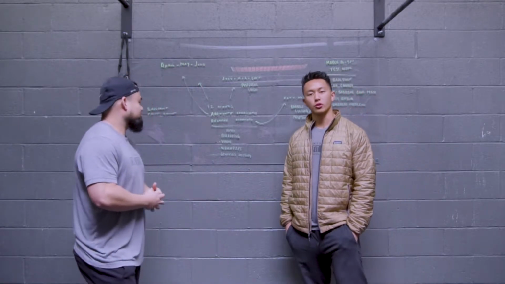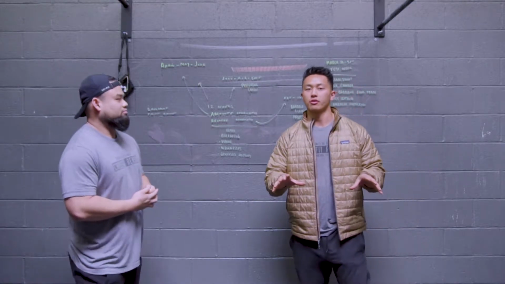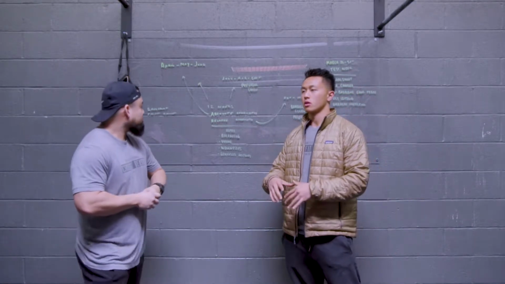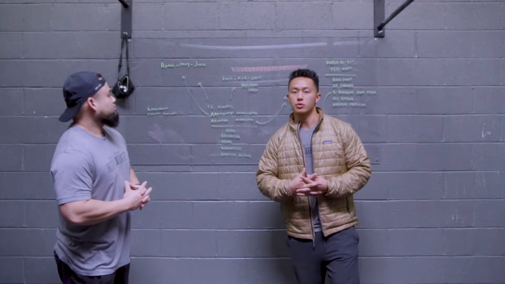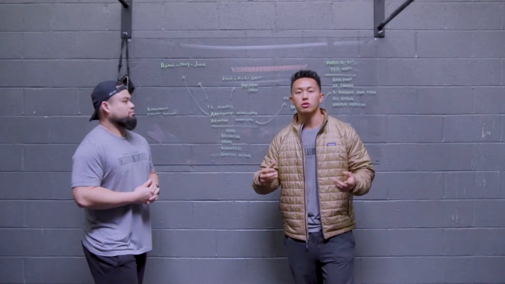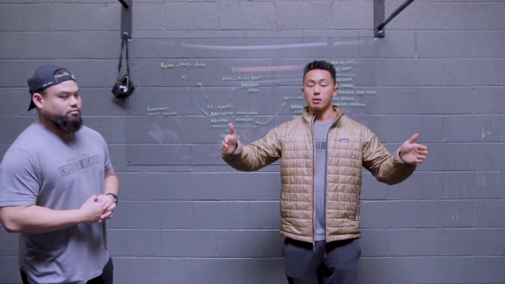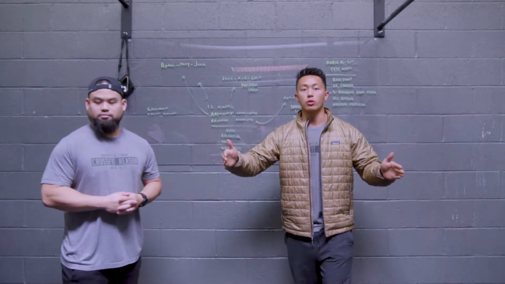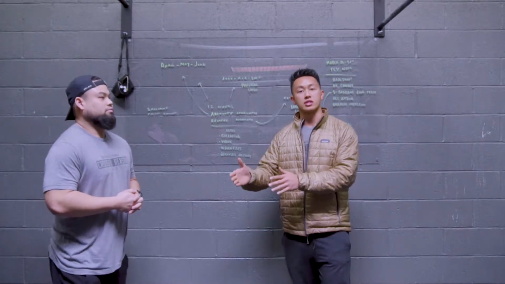So, yeah. Cool, guys. The first thing that I should explain is that with what we write up for the programming for CrossFit Reason, we use what we call a macrocycle. If you don't know what a macrocycle is, it's essentially a blueprint of a whole year's worth of programming with a goal or intention in mind.